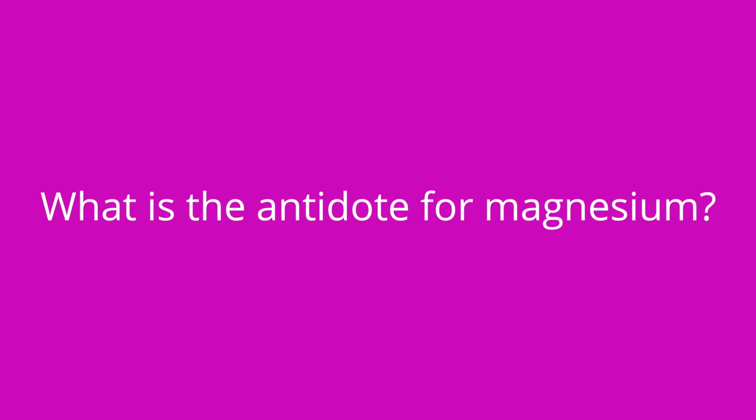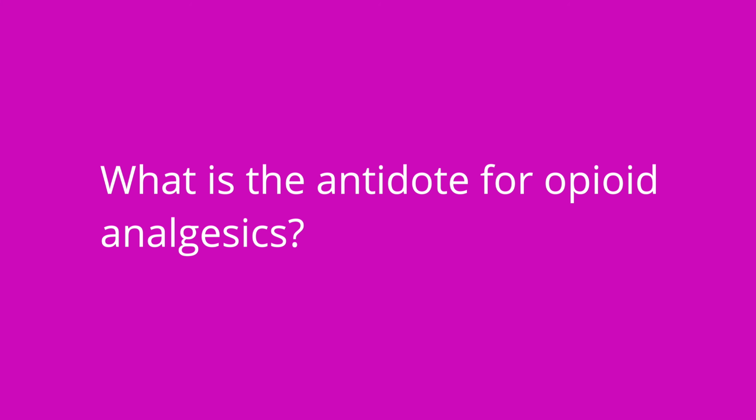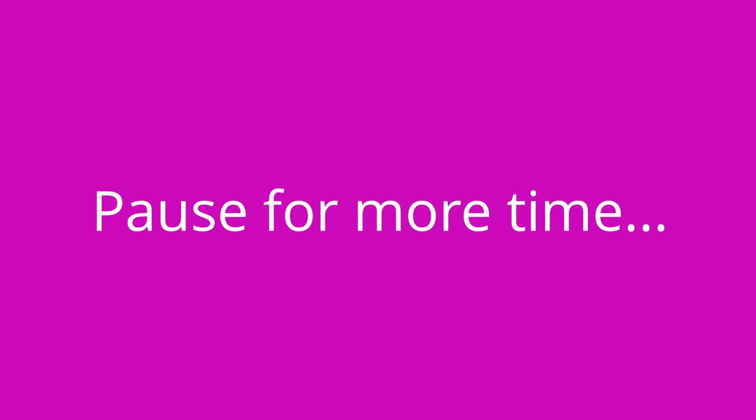The answer is flumazenil. Number 3, what is the antidote for magnesium? The answer is calcium gluconate. And number 4, what is the antidote for opioid analgesics? The answer is naloxone.